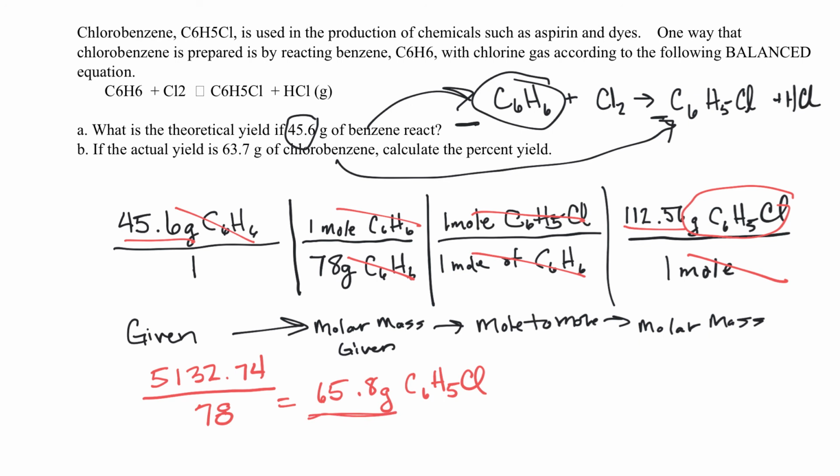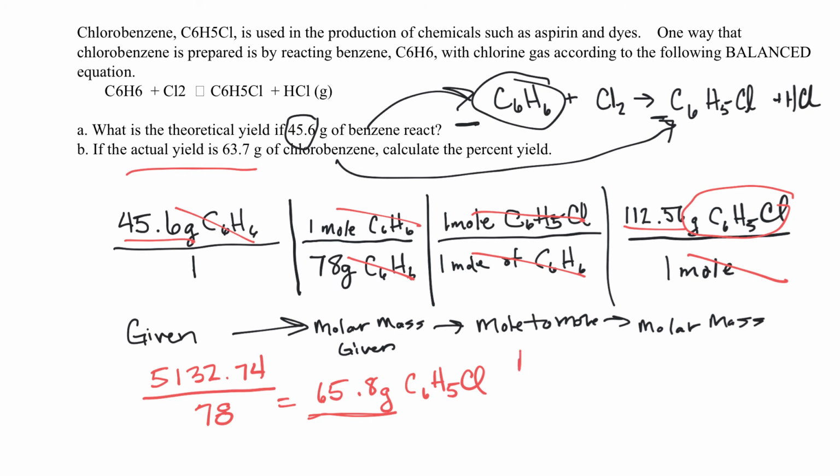However, in the lab, we don't always come up with that amount. And so it tells us that the actual yield is 63.7. In order to find the percent yield, we take the actual yield and divide by the theoretical yield.